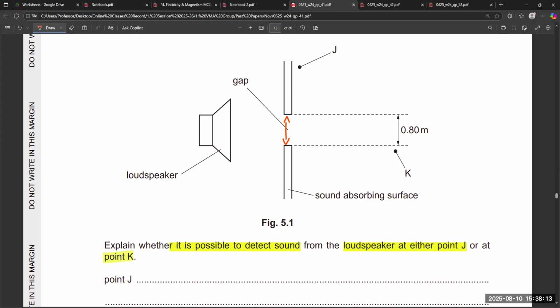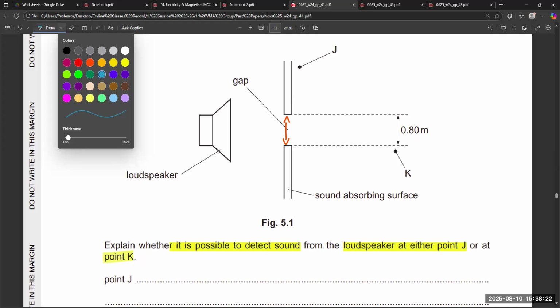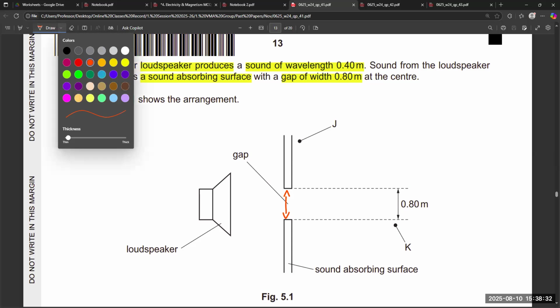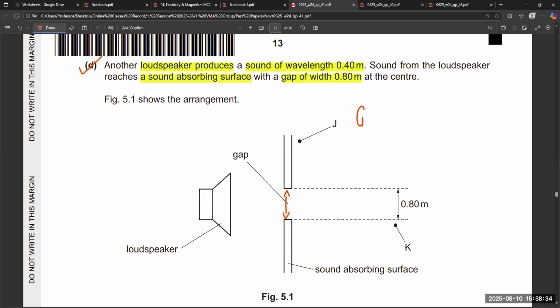So basically, when sound waves travel from the loudspeaker, because of the gap, diffraction occurs. This gap is 0.8 and the sound wavelength is 0.4. So it means that in this question, the gap is greater than the wavelength, because wavelength is 0.4, gap is 0.8.